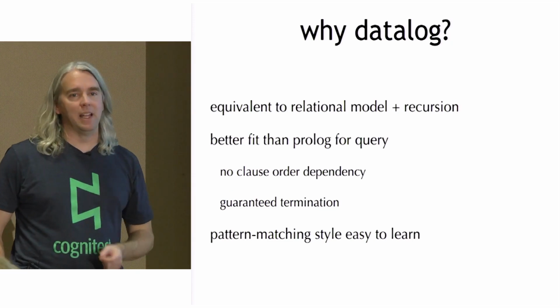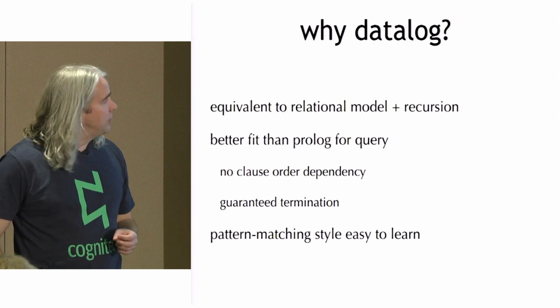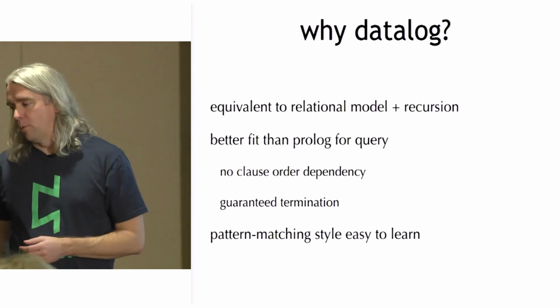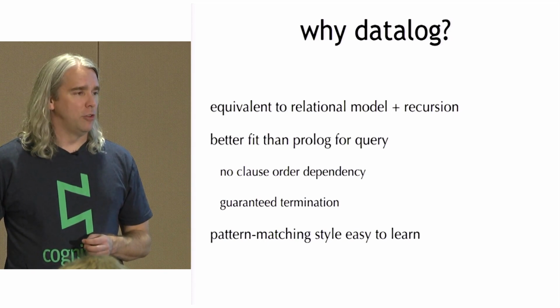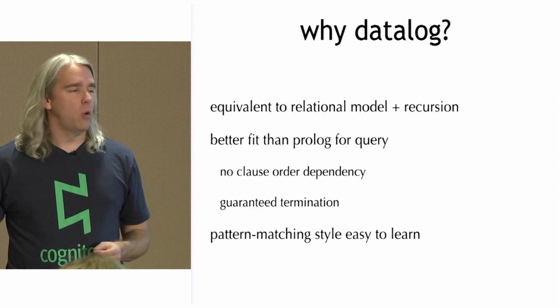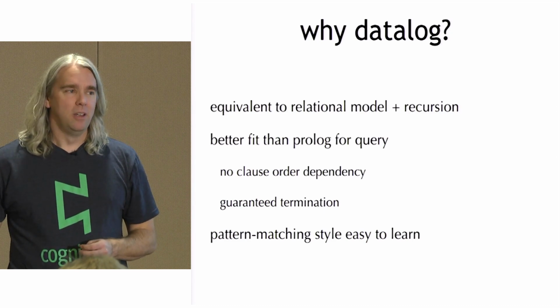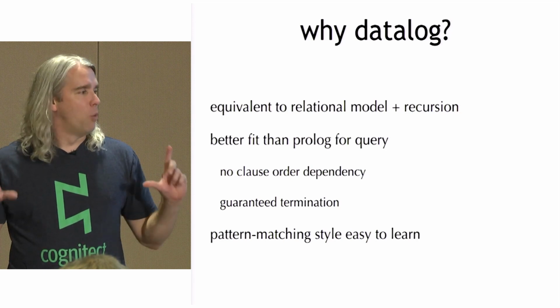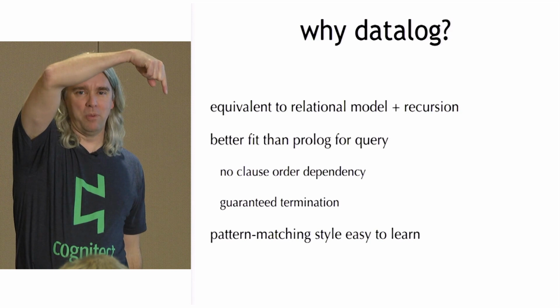Then the question is, if Datalog is so cool, why didn't relational databases use it? And the reason is that the most straightforward way to represent Datalog is positionally. Right? So you're going to talk about the things in a Datalog query in terms of their position in a tuple. Well, imagine a SQL database where you have something that has 40 columns. And so you're going to have a tuple where you're matching something in the 36th position.